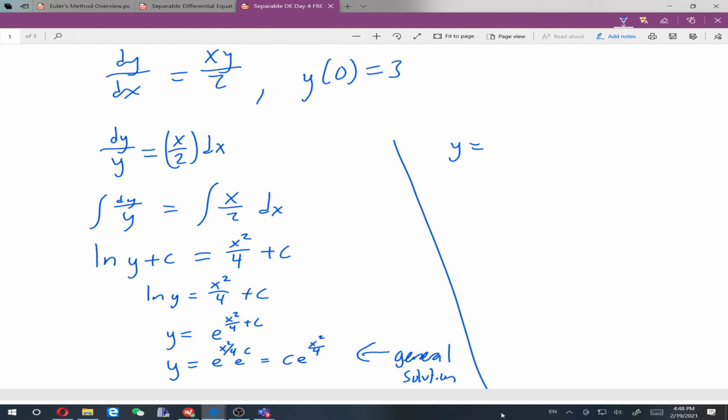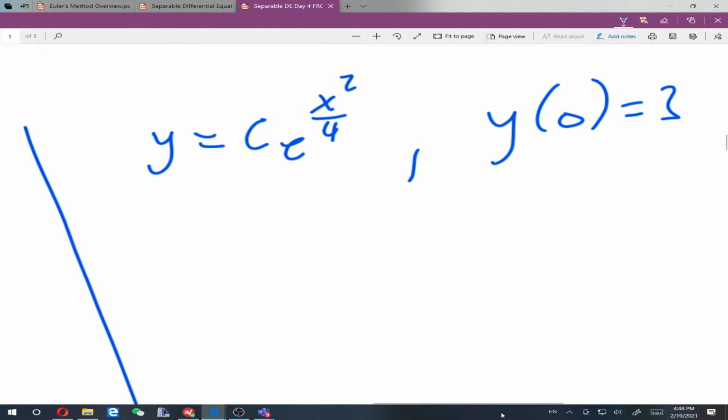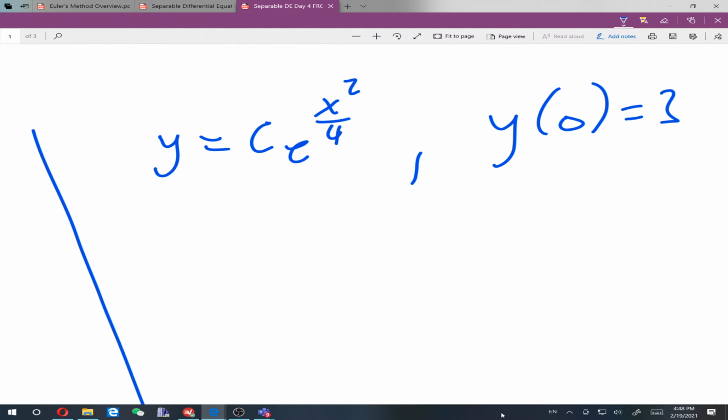If y equals c e to the x squared over 4, but y at 0 equals 3, then we can substitute and solve for c. Whose turn is it? This is Kyle next. If I plug in x equals 0 and y is 3, what should I write for my next line?